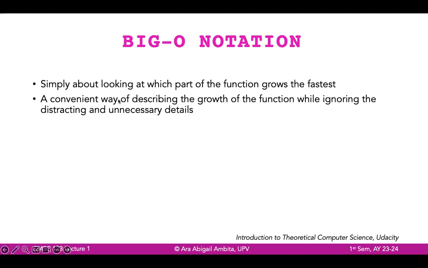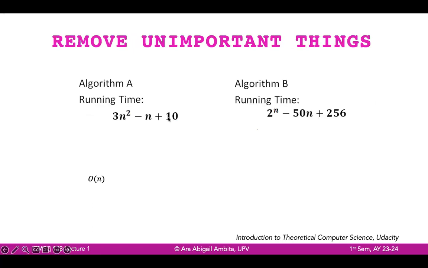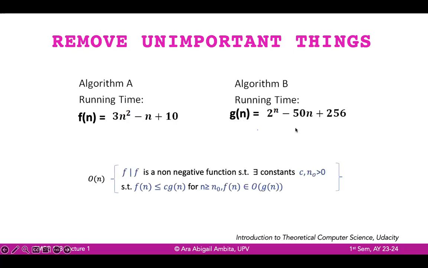So it is a convenient way of describing the growth of the function while ignoring the distracting and unnecessary details. So again, going back here, for example, we have algorithm A, which has a running time f of n equals 3n squared minus n plus 10, and then algorithm B with a running time g of n equals 2 raised to n minus 50n plus 256.